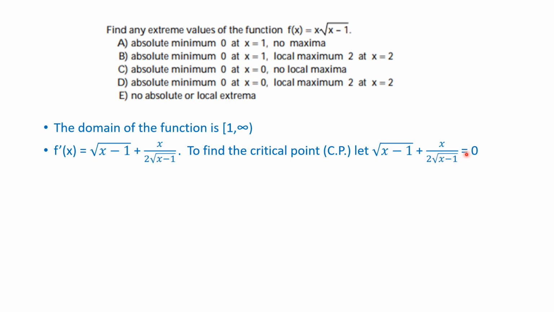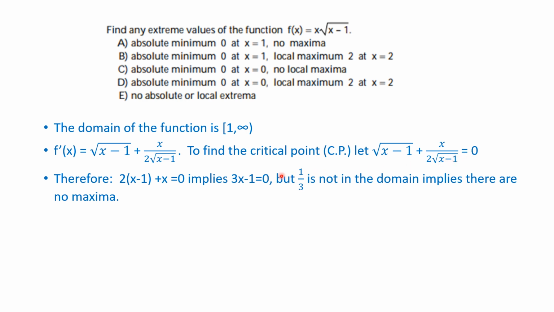And then we could just go ahead and reduce this, and what we will be getting is twice of x minus 1 plus x equal to 0, and this implies that 3x minus 1 equal to 0, but this implies that x equal to 1/3.